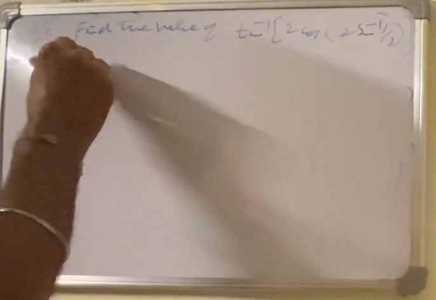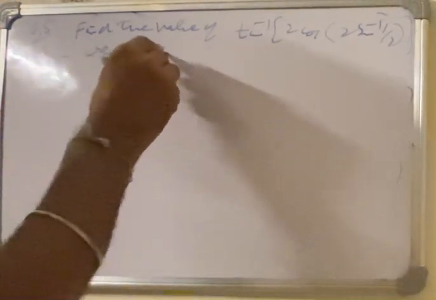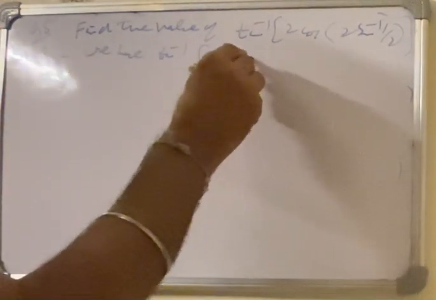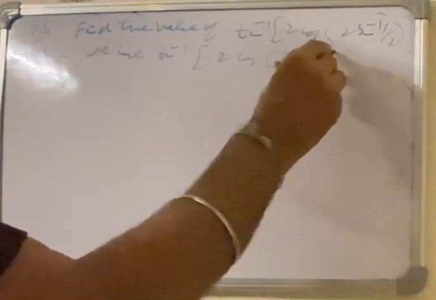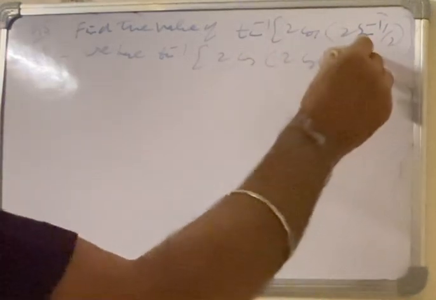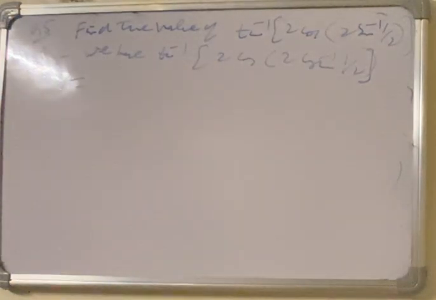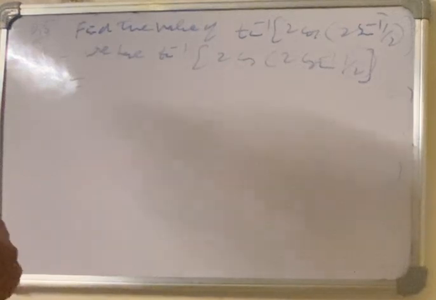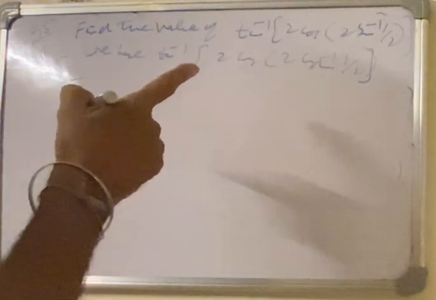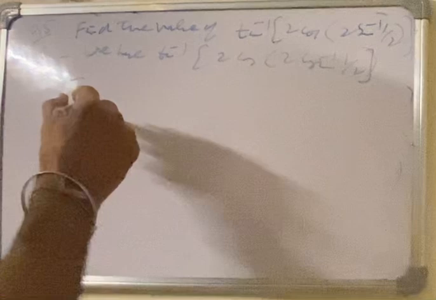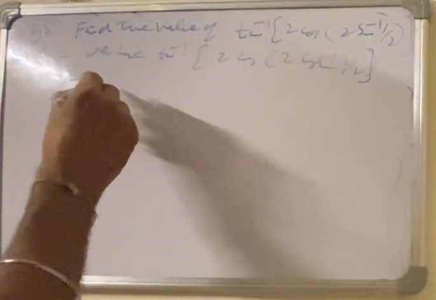Solution. We have tan inverse 2 cos of 2 sin inverse half. Sin inverse half is sin pi by 6.